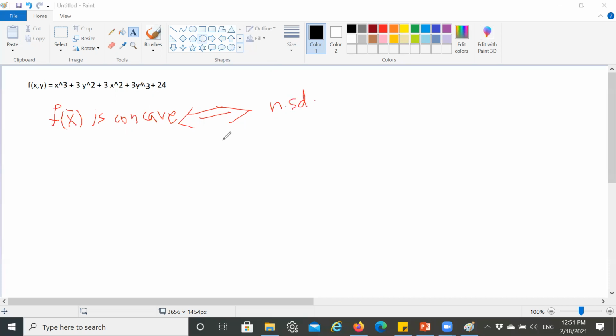And what does it mean? That means H1 would be less than or equal to 0, and then H2 would be greater than or equal to 0, and so forth until (-1)^n times Hn would be greater than or equal to 0.